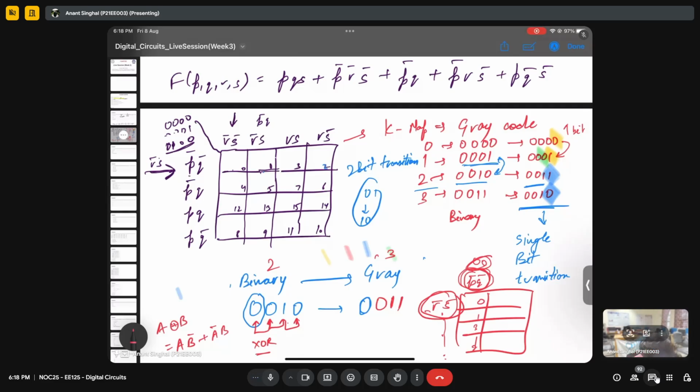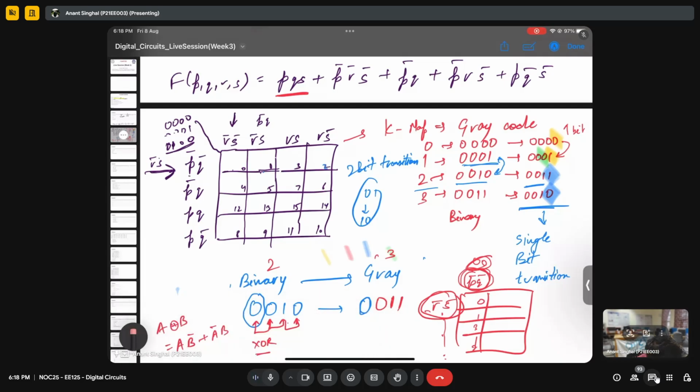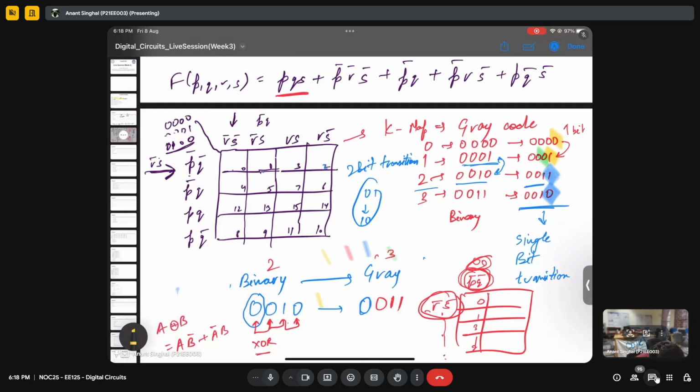Okay. So now the first term in this particular problem is PQS. I hope you already know how to fill a K map, but first we need to see what is the common space or the box that we are getting from the term PQS. Here you see, this complete row is PQ.